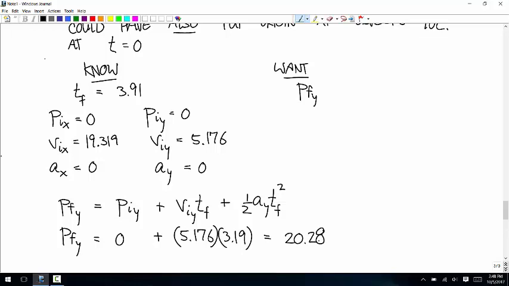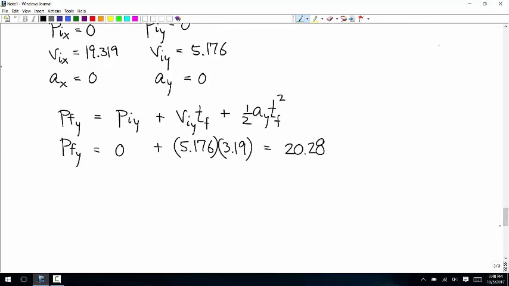So based on that origin, the height at the end of the motion is 20.28. But now we're trying to figure out how much higher it goes, which is the y component of the displacement: the final y position minus the initial y, which is 0. So we get 20.28, exactly the same as with the other origin.